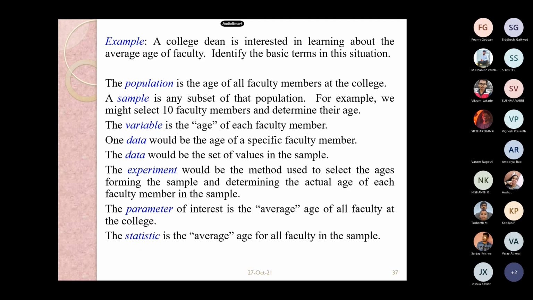The method which you adopt to get the data is nothing but the experiment. The parameter of interest, the average age of all the faculty, is a parameter. Parameter is the term related to the population, and statistic is the term related to the sample.